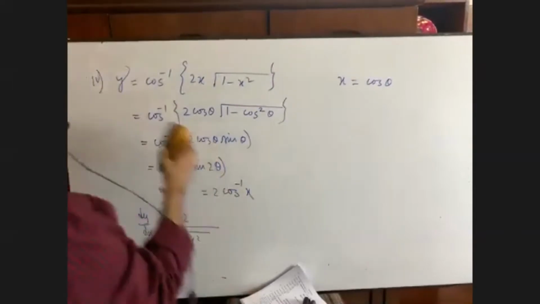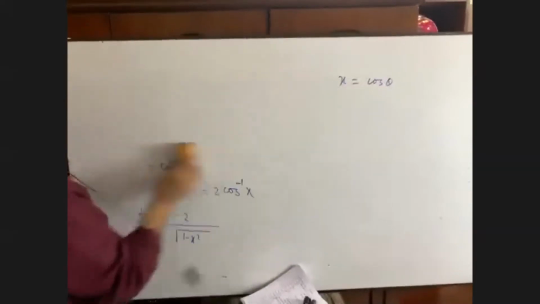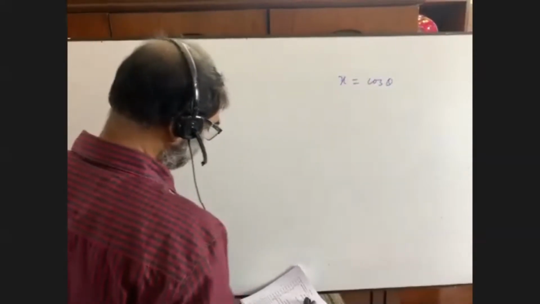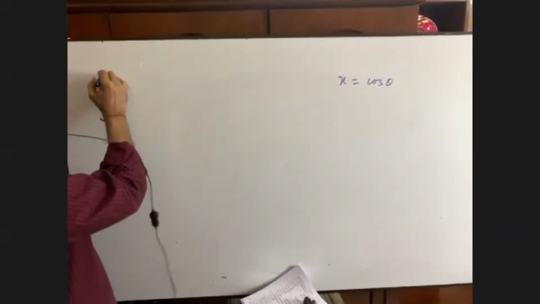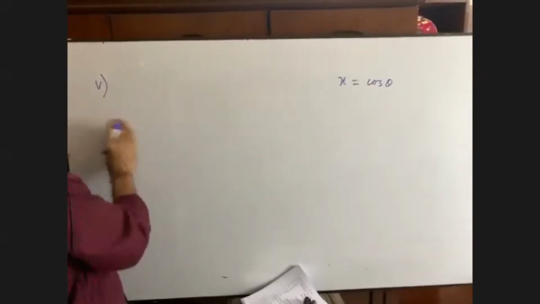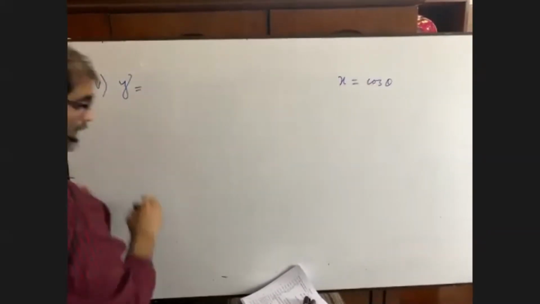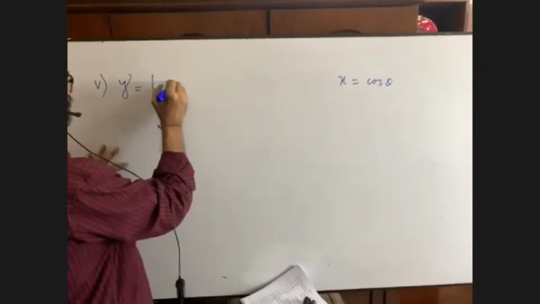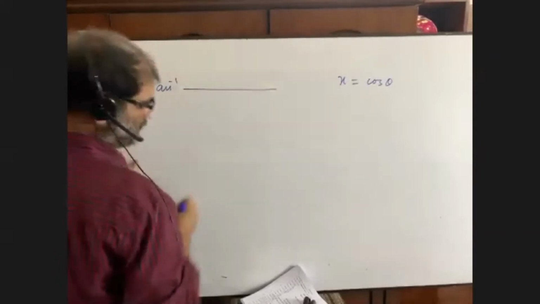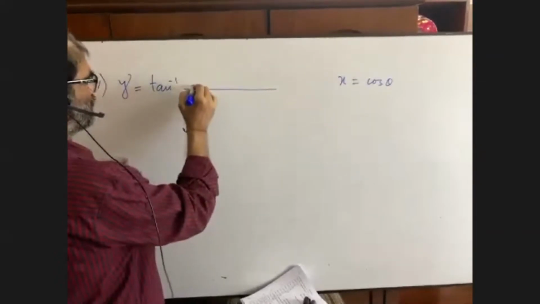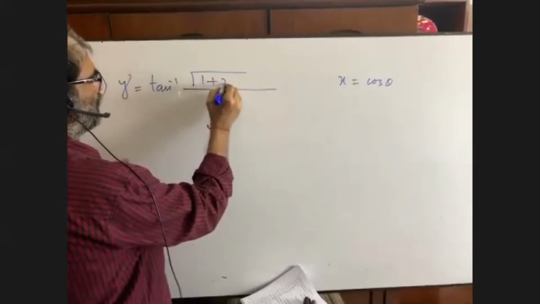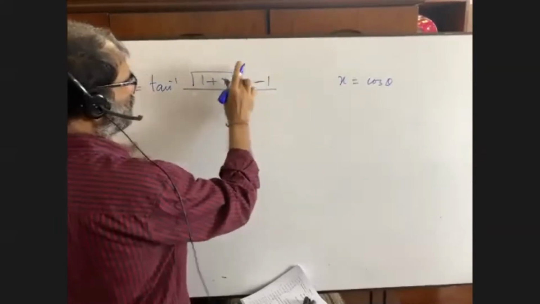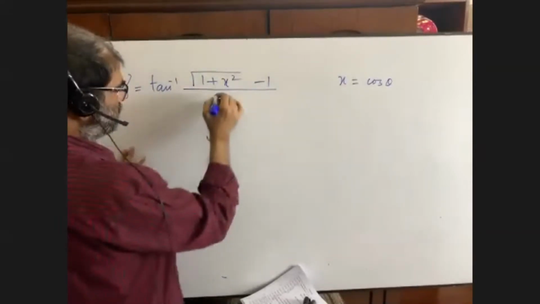Go to the next math. Question number 5. y is equal to tan inverse root over 1 plus x square minus 1 by x.